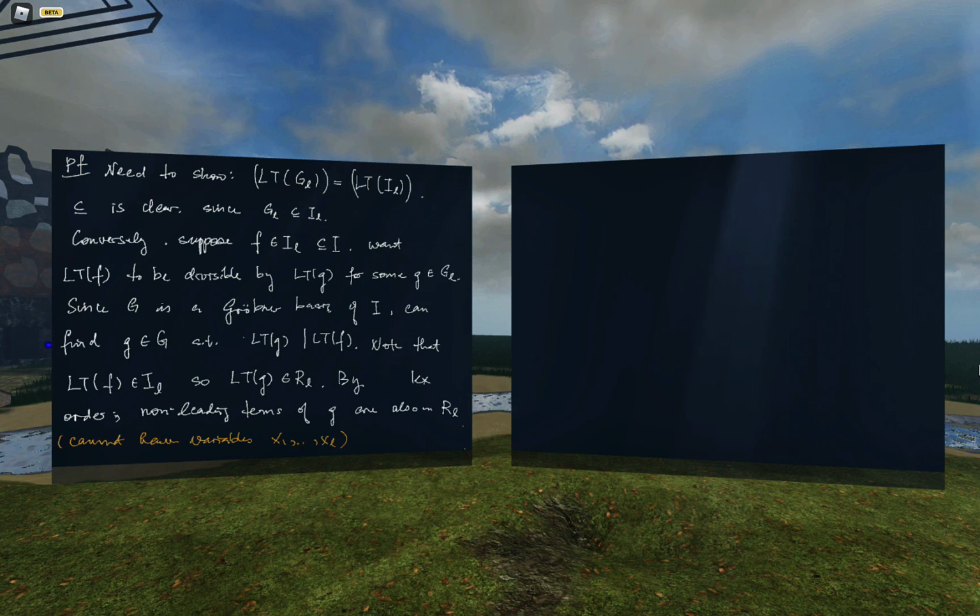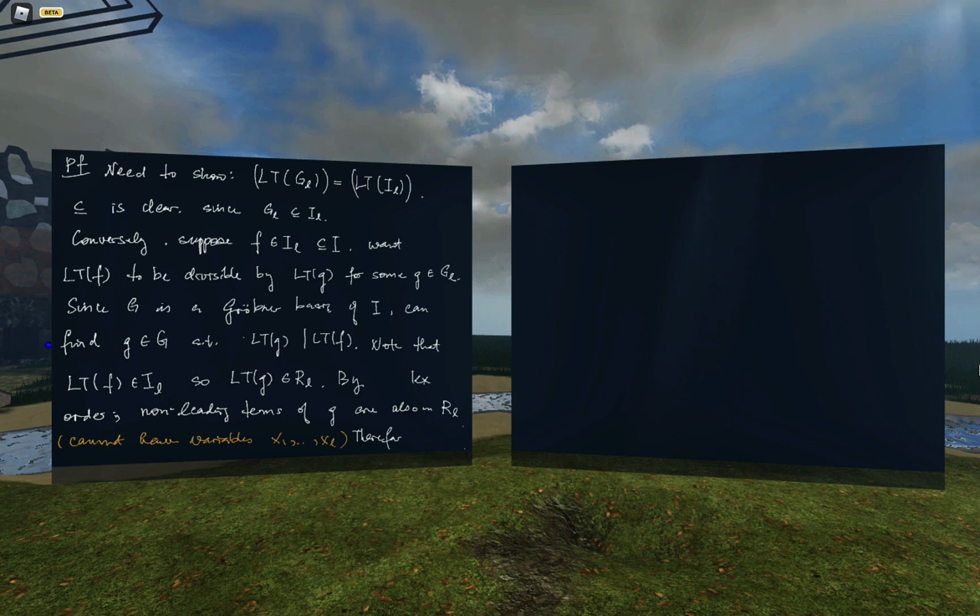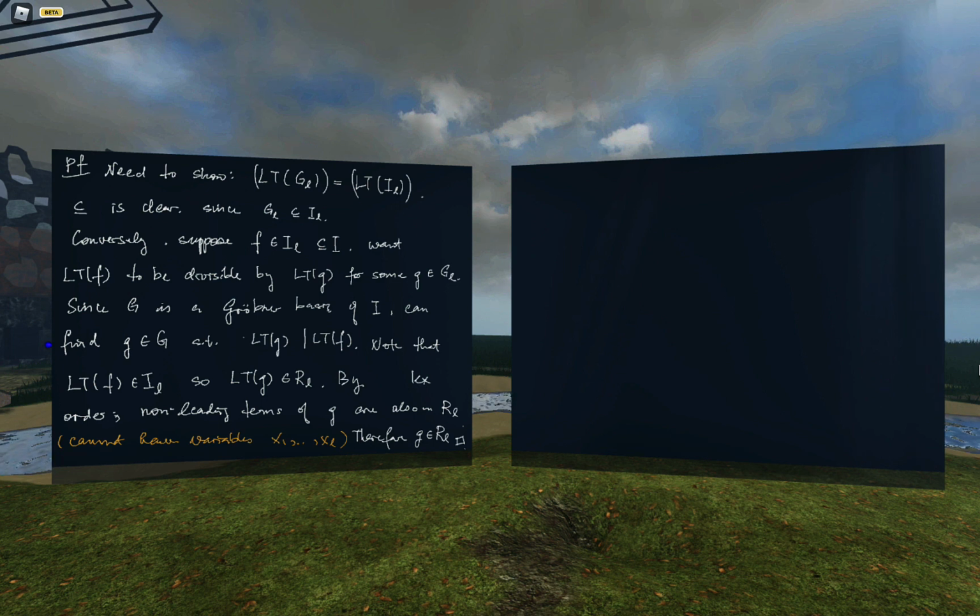They just can't. And another way of saying that terms cannot have variables x1 to xl is that it is in RL. So this means therefore, if each term of g is in RL, well, g is also in RL, so we're done. That's what we wanted. We wanted to show that there exists some g in GL such that this is the case. Well, g is in G and is in RL, and since GL is an intersection of these two, g is in GL. Okay, so this does it.